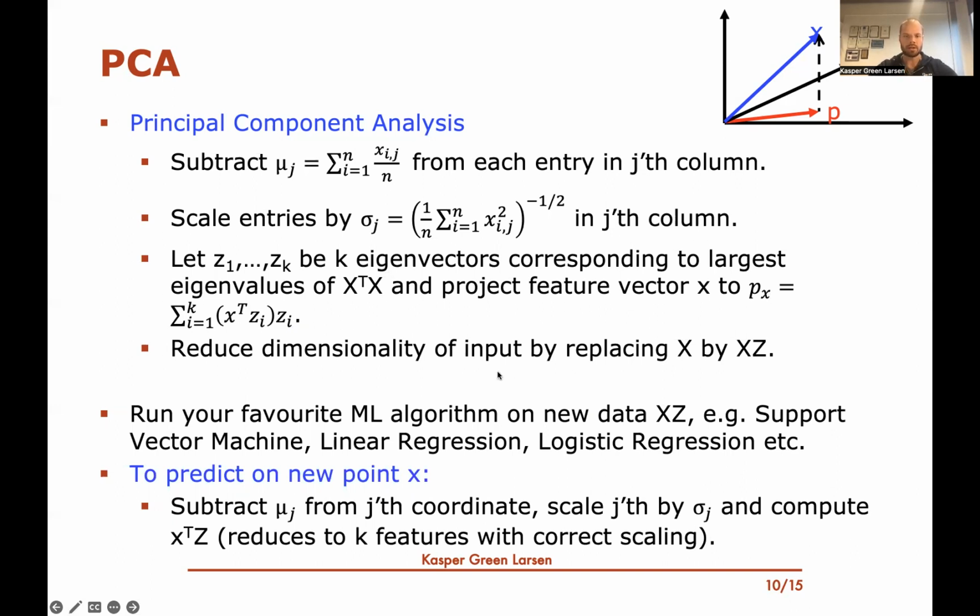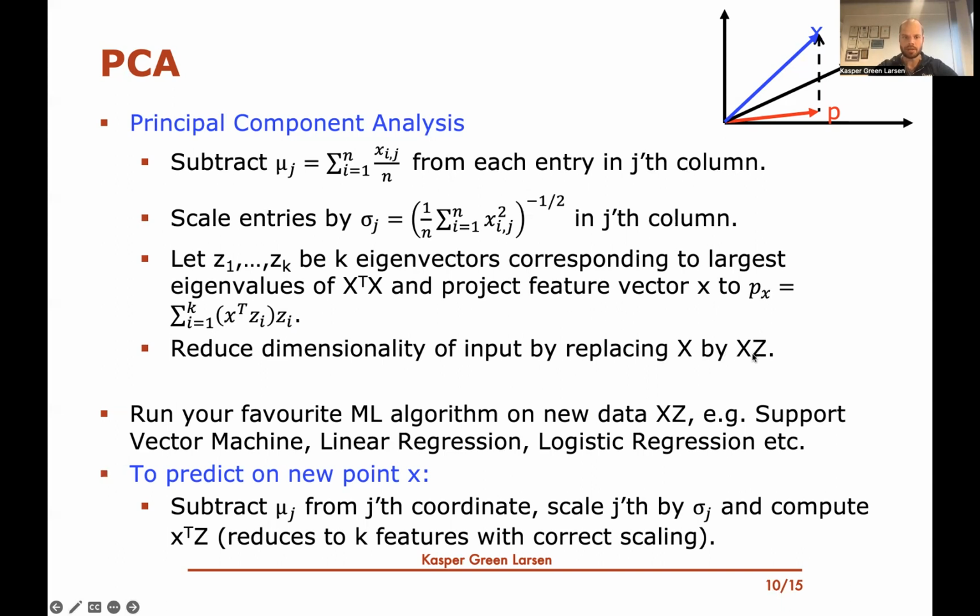You can project if you want. One important thing is that if you want to write all your training data in this basis, recall that the projection of x in the basis, set 1 to set k, is just the vector of all these inner products. This is what you get if you take x and multiply it with set, because set has the column vectors set 1 to set k.